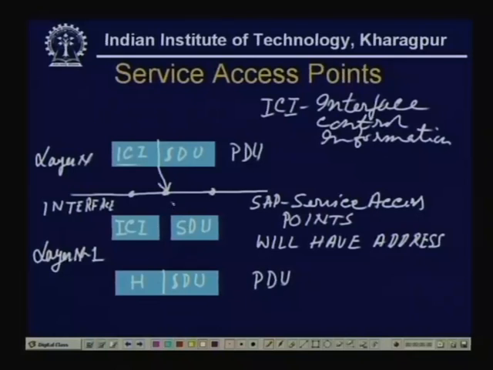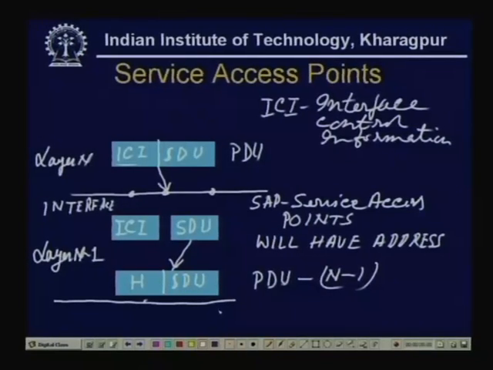So, after receiving this protocol data unit from the n layer through the service access point, layer n-1 will separate out the interface control information, take out the service data unit, put it in another protocol data unit. This is essentially the protocol data unit corresponding to layer n-1. It will add some header, then again it may send to the next layer through service access points.